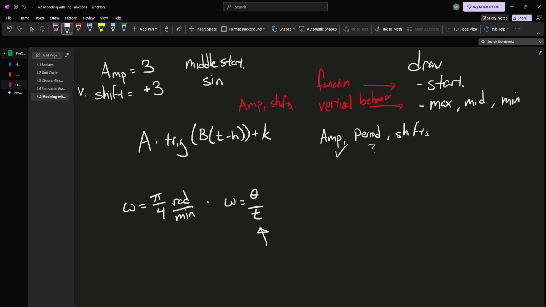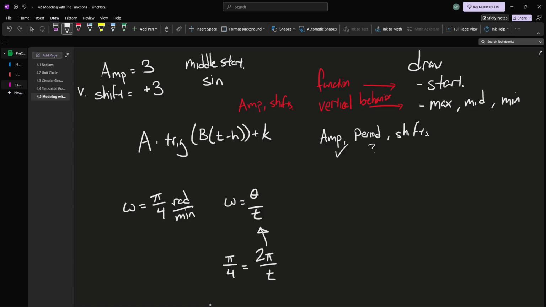I see time right here. Time is my period. How long is one full rotation? How long does it take for one full cycle? If I need to find t, I can't be given t. I'm given omega. I know this is pi over 4. This equals something over t. Since I want to find the time for one full rotation, what would theta be? Theta will be 2 pi, because one full rotation is 2 pi radians.